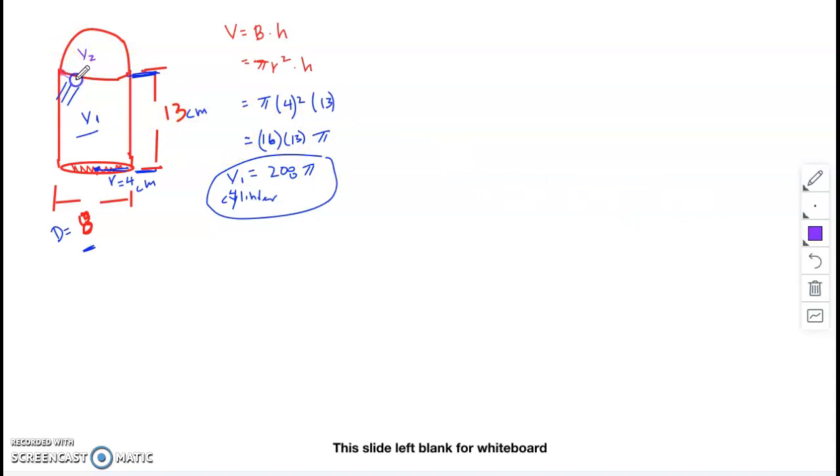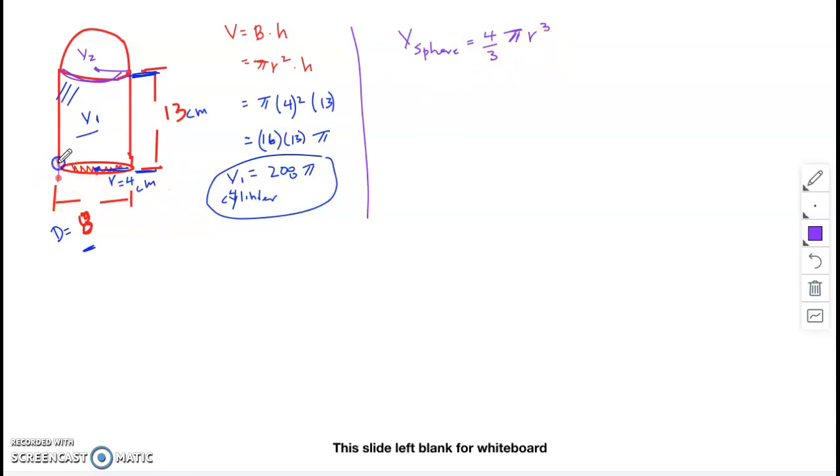That's a hemisphere, which is half a sphere. Again, to find that, I need the radius. Let's write the formula first. The volume of the sphere is 4/3 pi r cubed. The only information that I need is the radius.